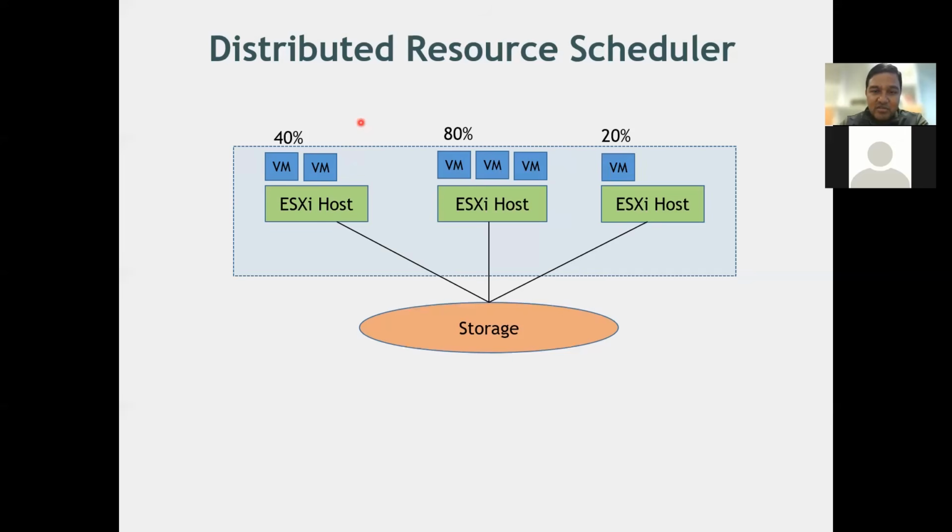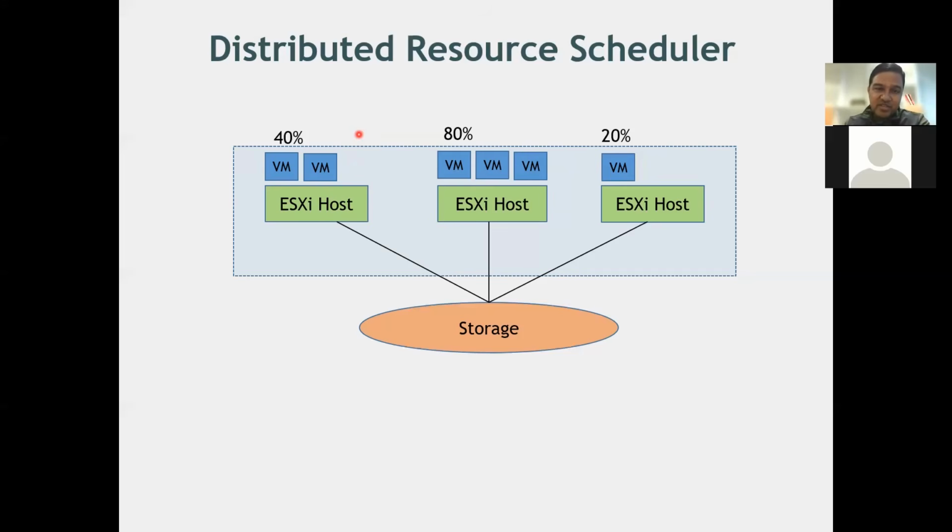So what is it going to do? It will try to shift 1% load from here to here. Shifting just 1% is very difficult, because it can only move a whole VM.